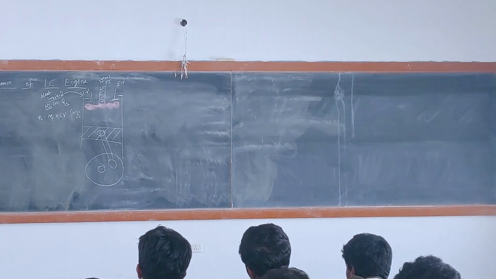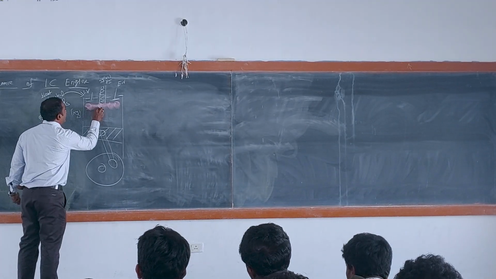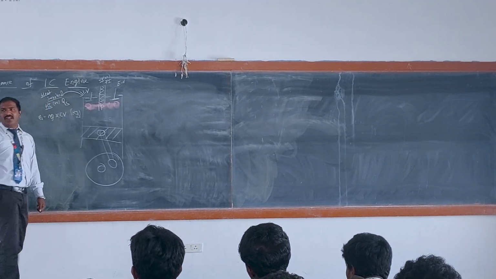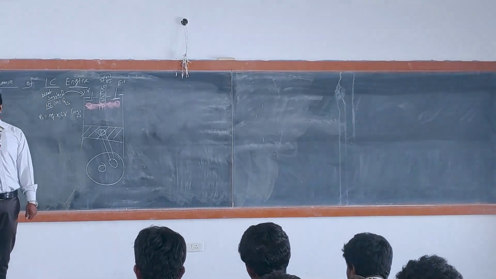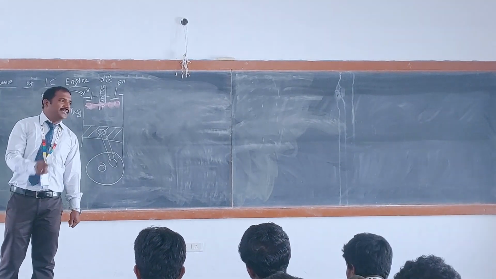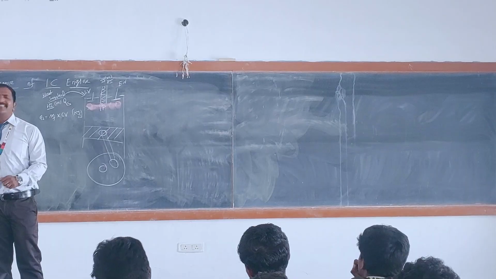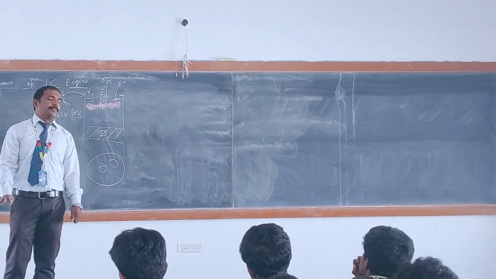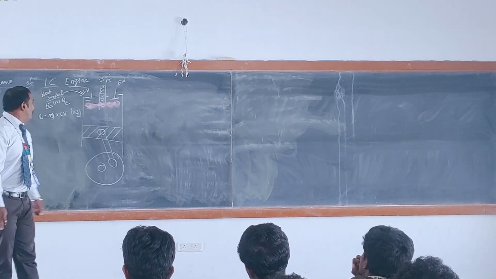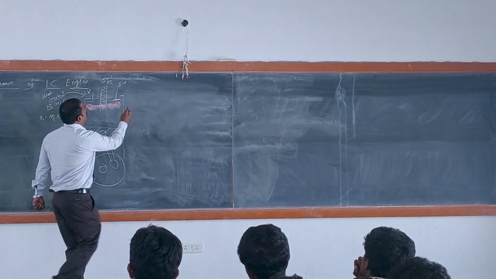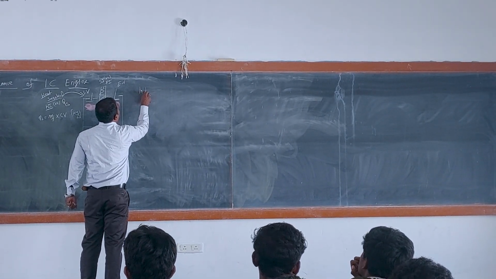That is called indicated power. What we call indicated power is the power produced inside the cylinder by burning the fuel. That's a simple definition of indicated power. We can easily find out our indicated power.